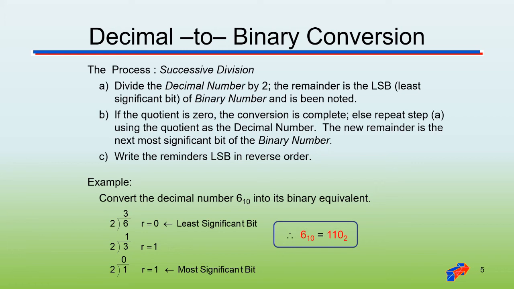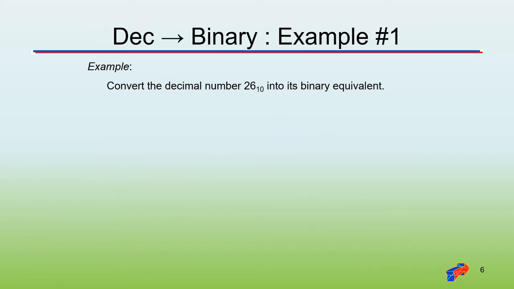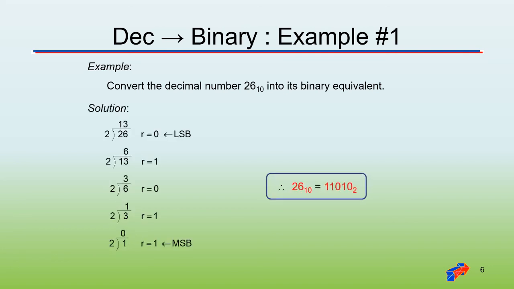We will go with another example. Consider the decimal number 26. What is the first step of converting this decimal number to binary? First, we need to divide that number by 2. First of all, 26 divided by 2. We will get 13 as quotient, 0 as remainder, which is the least significant bit, which is noted.